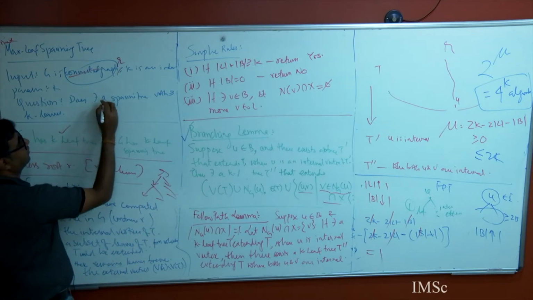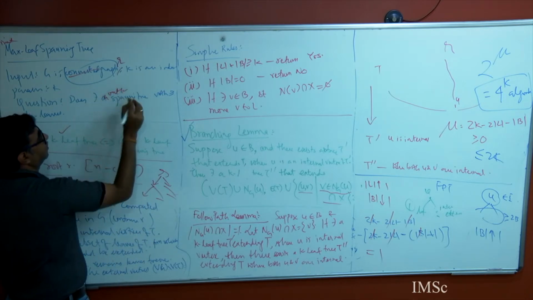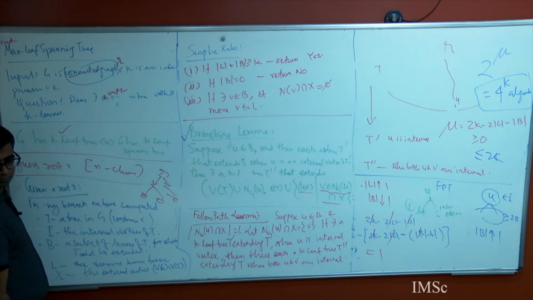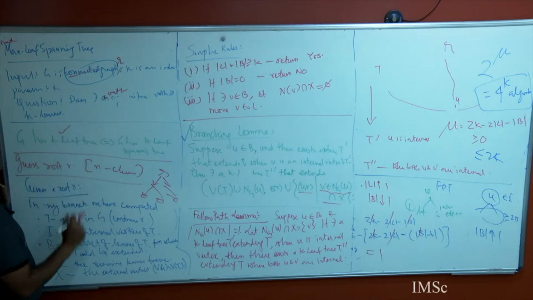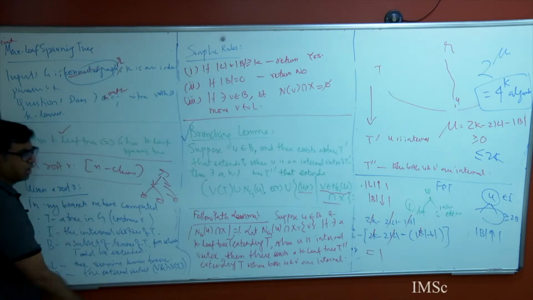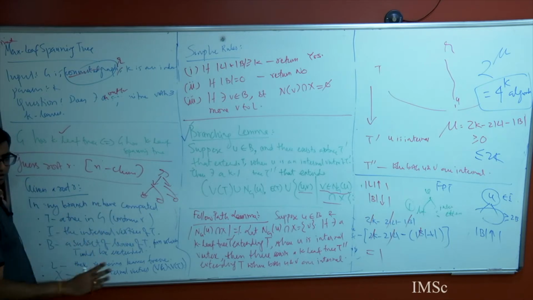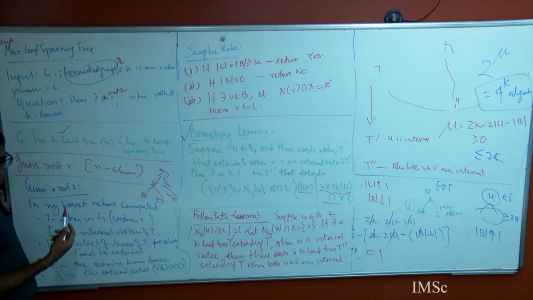Does there exist an out tree with at least k leaves? I want the directed version of this problem as an exercise. The same algorithm works. You just have to prove each lemma for this version, but actually each lemma will work. I just did it for the undirected graph because it is easier to explain. Otherwise the direction will come in, but that doesn't matter.